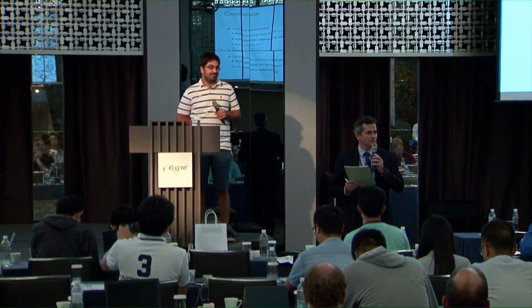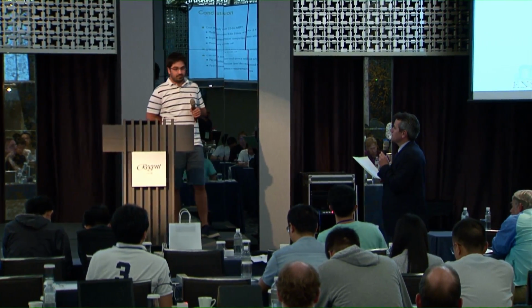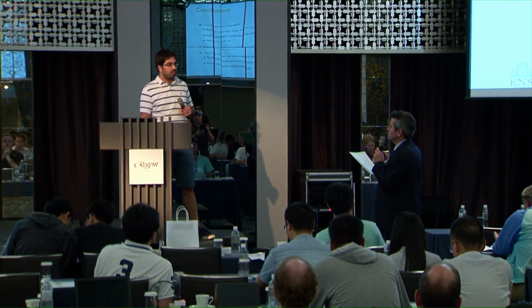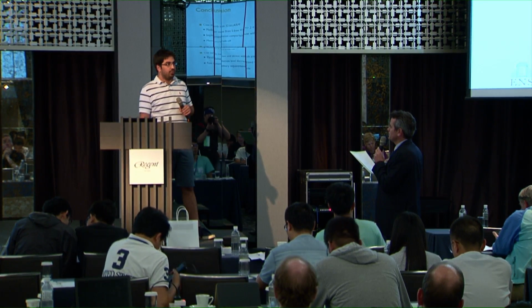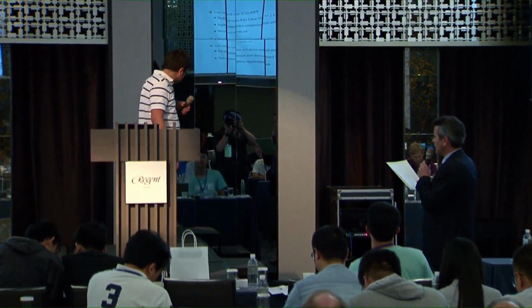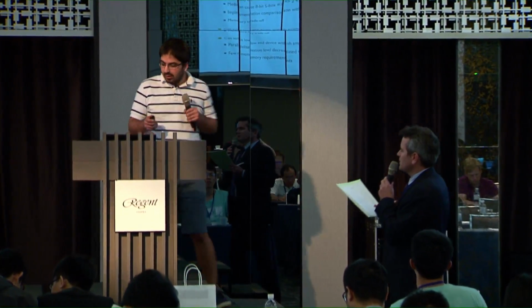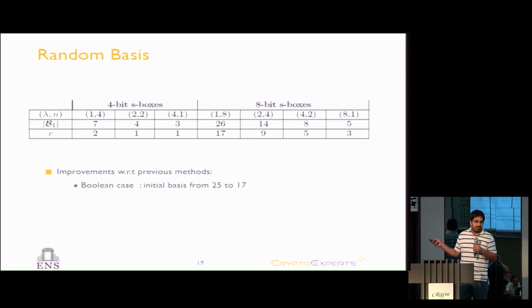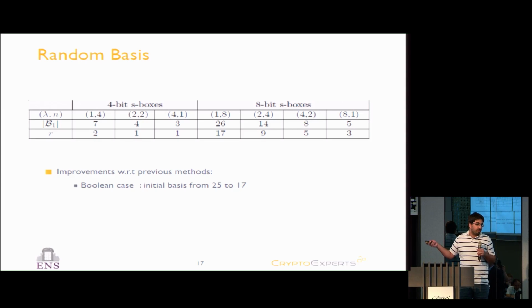I have one question. Do you have lower bounds for the number of multiplications needed to compute the bases? The bases? So you achieve on slide 17? Yes, we have one in the paper, but in practice we don't necessarily achieve it because we need to be able to decompose everything.